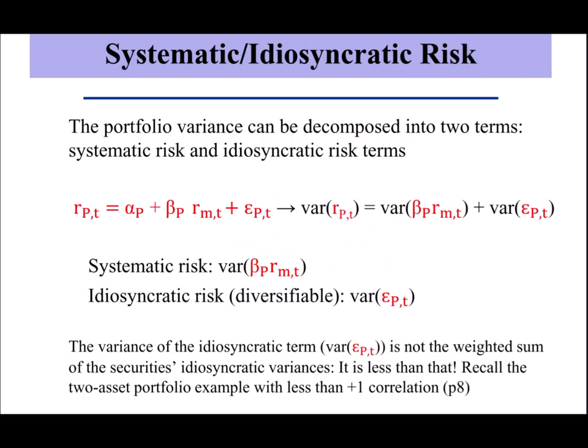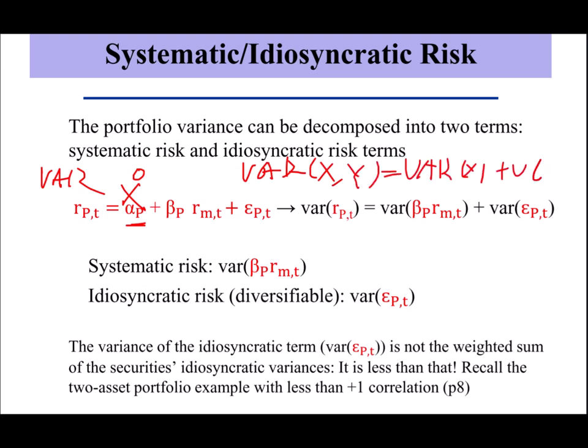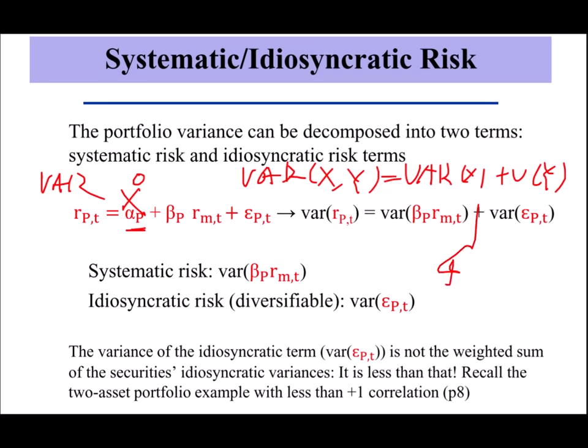Let's compute the variance of this portfolio. If you compute variance, first of all, this is a constant, so its variance is equal to 0. And you know the variance formula, variance of x plus y is equal to variance x plus variance y plus covariance. Now, there is zero correlation between market movement and idiosyncratic movement because that's what the idiosyncratic term means, specific to this asset only.